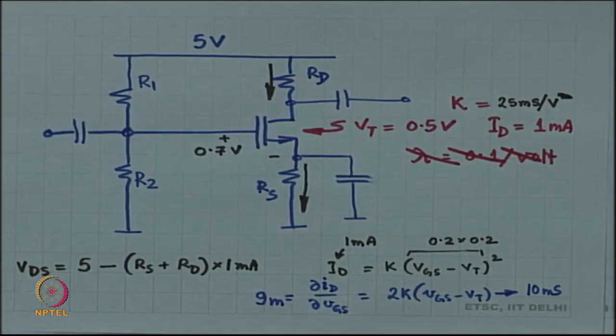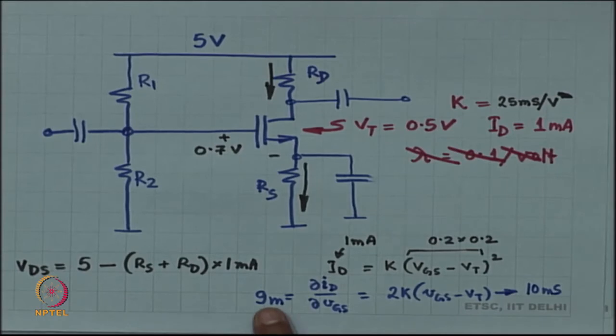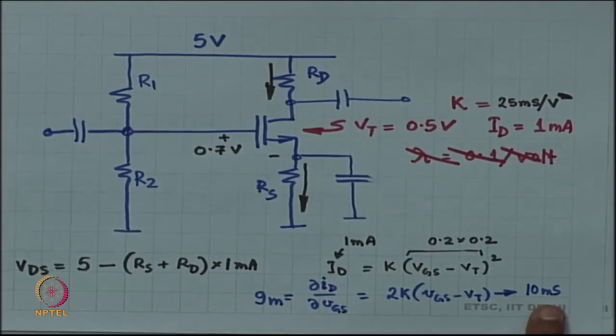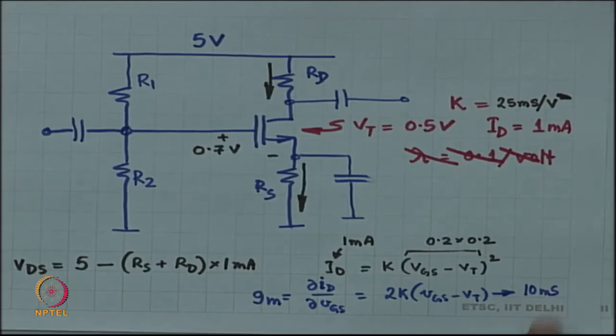Okay. So, let us say you want a gain of minus 10, in that case what should be the value of RD? GM times RD is the voltage gain, GM is 10 millisiemens. So, therefore, RD should be 1 kilo ohm.